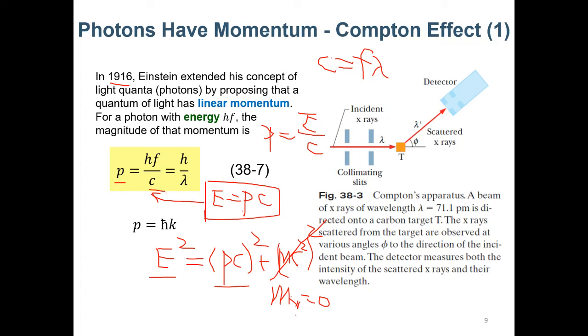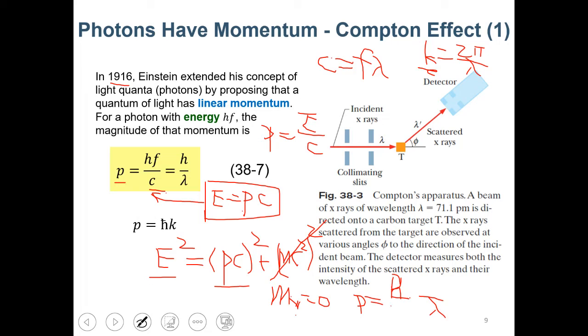And in chapter 32 or 33, we know that K equals 2 pi over lambda, which is the wave number. So P equals H over lambda. So we divide by 2 pi and multiply by 2 pi, so that the first one will become H bar and the second one will become K. So we can also write it like this.